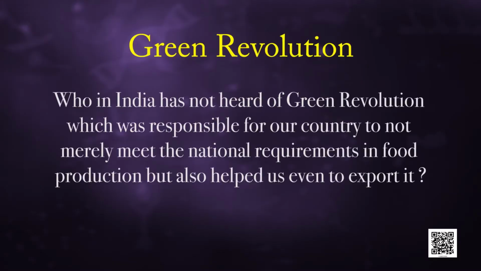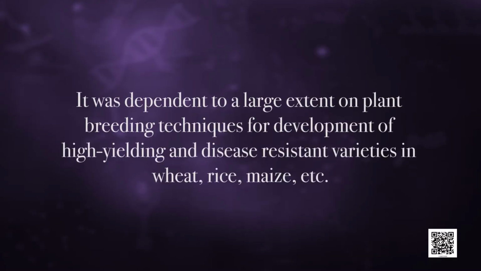Who in India has not heard of the Green Revolution, which was responsible for our country not merely meeting the national requirement in food production, but also helped us even to export it. Green Revolution in India was led by Dr. M.S. Swaminathan. It was dependent to a large extent on plant breeding techniques for the development of high-yielding and disease-resistant varieties in wheat, rice, maize, etc.